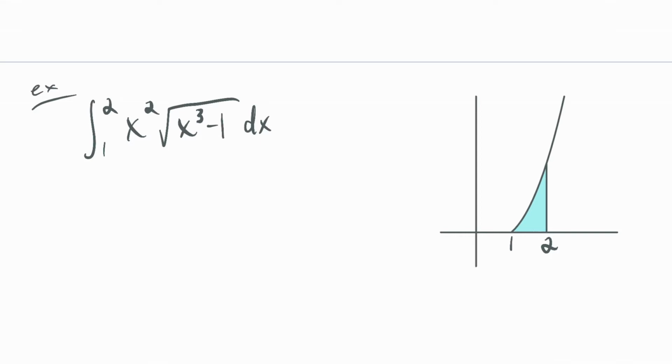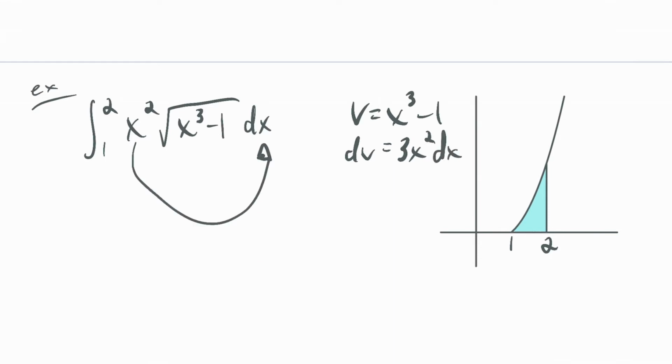Okay, so what should my substitution be? Well, I'm going to use u equals x cubed minus 1. So du equals 3x squared dx. So I need to put the x with the dx, or x squared rather, and borrow a 3. So this equals 1/3 times the integral from 1 to 2 of the square root, or in fact, I'll write this as x cubed minus 1 to the 1/2 power.